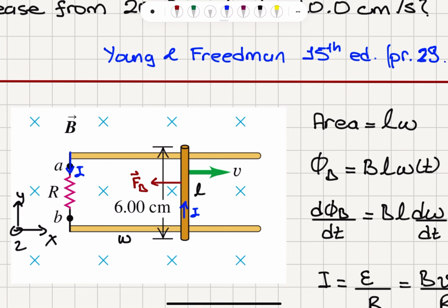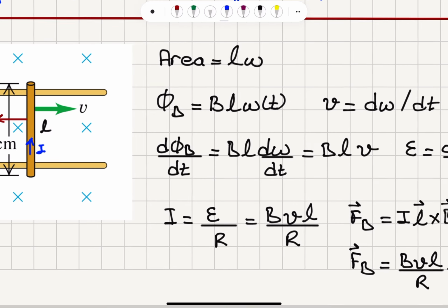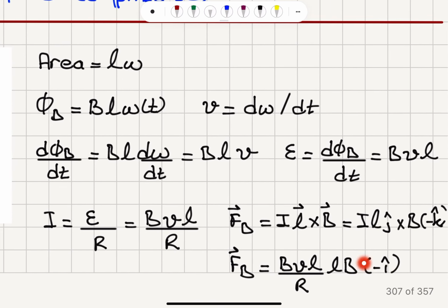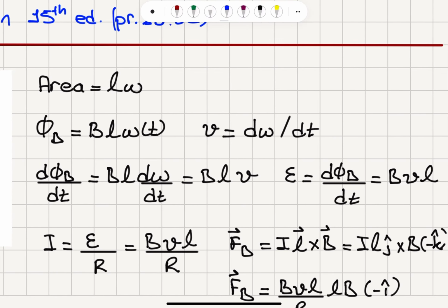The magnetic force Fb is IL cross B. The L vector is in the direction of the current, so this will be in the minus i hat direction. The induced EMF is given by Faraday's law. The magnitude of the EMF is dΦB/dt, which is BL dω/dt, because it's the magnetic field times the area, but the area is changing in time because ω is changing in time.